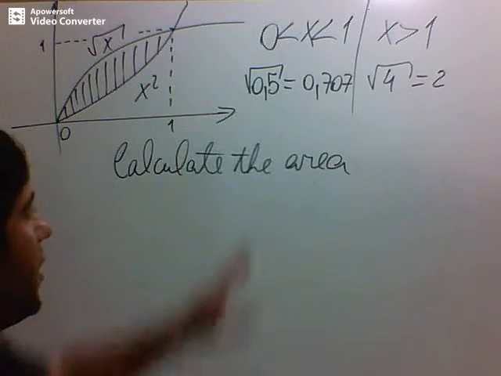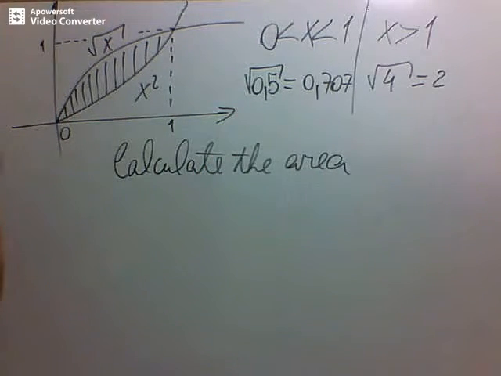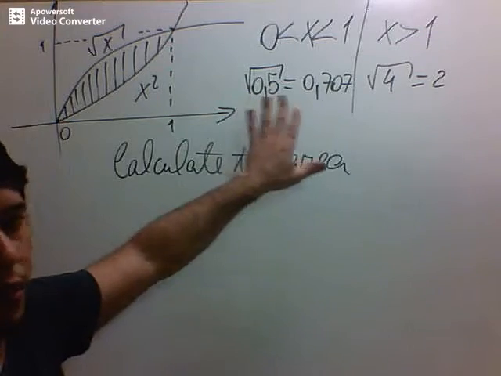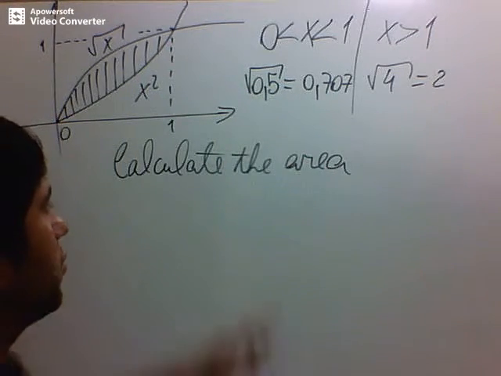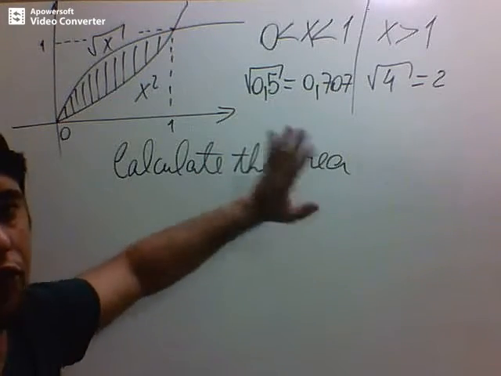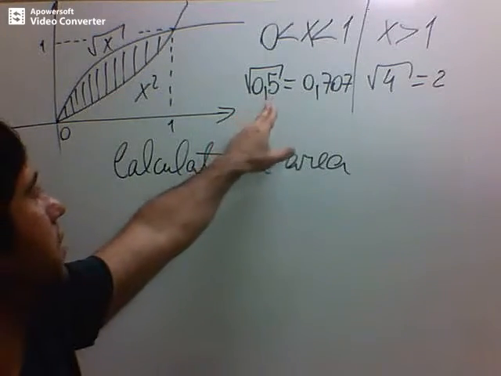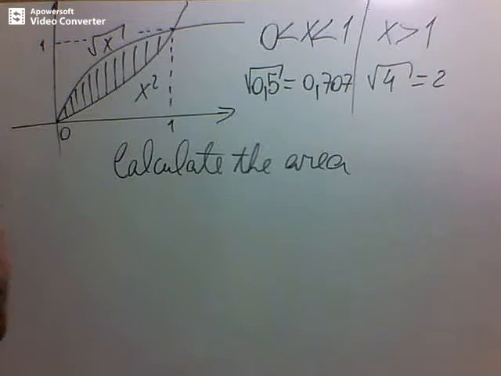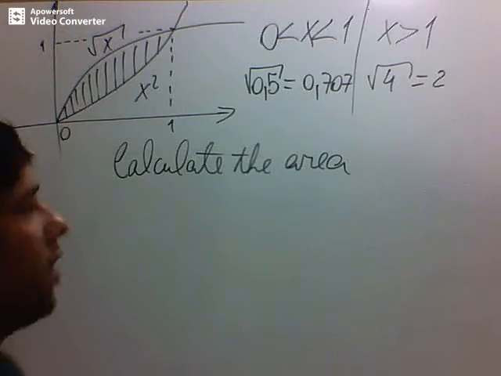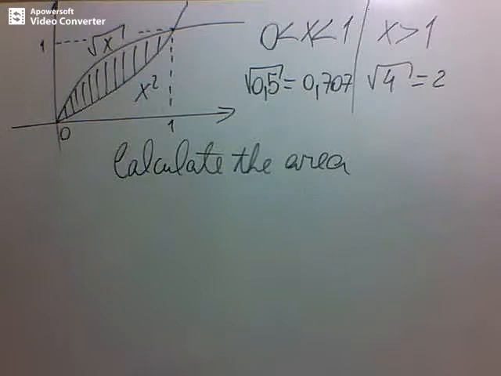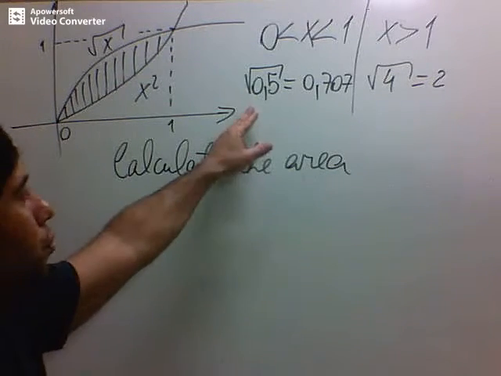First of all, let's take a look at this number here, 0.5. In Brazil we use a comma here, but in the United States and other countries they use a dot. Let's suppose that this is a point, and then it's going to be okay for everybody. So 0.5 squared is a number that is less than 0.5.